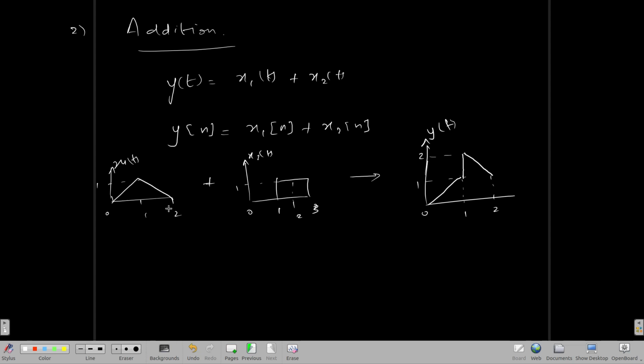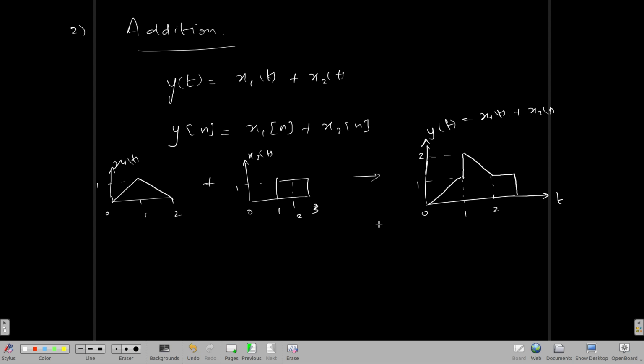So this much area will be added, put on top of this one, right? And after this, from 2 to 3, there is no value for this after 2. From 2 to 3, only this much is there, so it will be same. So this is the result of the sum of x1 and x2, y equal to x1 of t plus x2 of t.